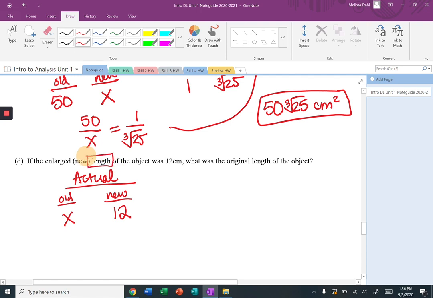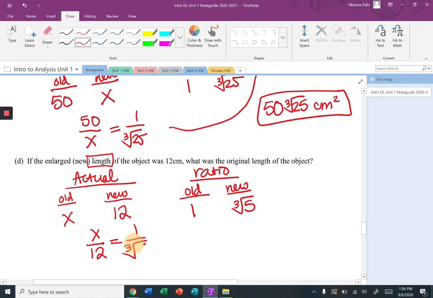So when you go back to your ratio, you want to look specifically at the scale or the side length ratio. And for this problem, that was 1 to cube root of 5. And so this means x gets turned into 12, like 1 gets turned into cube root of 5. And we're going to go ahead and cross multiply to solve this.